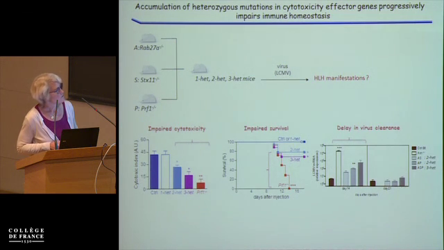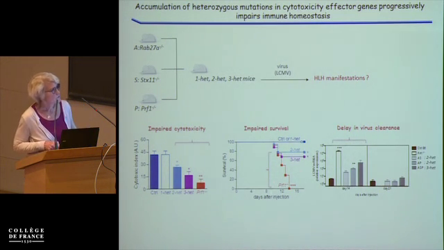And this is illustrated here, looking at the survival rate, where, as you can see, there's impairment of the survival rate in mice with monoallelic mutation in 2 or 3 genes, as compared to 1 gene or perforin knockout mice.